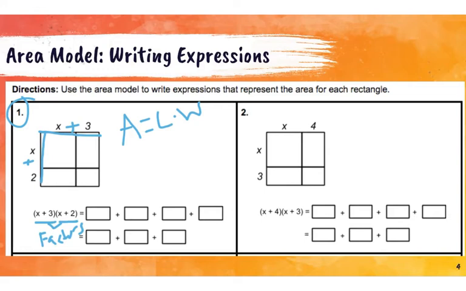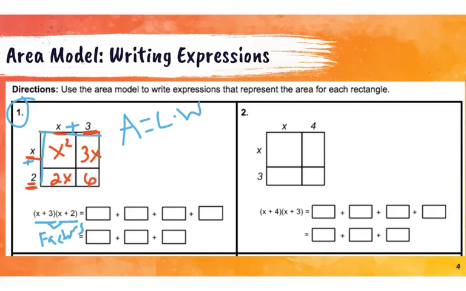I can also represent it as what's inside the rectangles. Here I've got x times x is x squared. 3 times x is 3x. 2 times x is 2x. And 2 times 3 is 6.